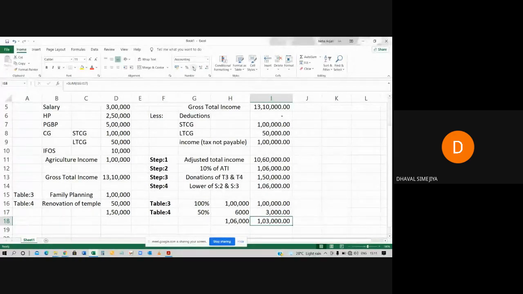Are you getting this now? Now your answer is 1,03,000. You have donated 1,50,000, but you will get a deduction of 1,03,000.